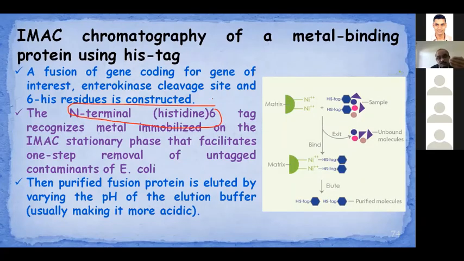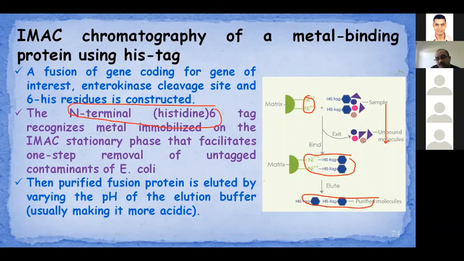Once the protein mixture is separated from the host cell, it is passed through the His-Tag IMAC column. The protein having the His-Tag sequence binds with the nickel, and the unbound proteins are washed away from the column. Then the bound His-Tag proteins are eluted by changing the condition, and the purified protein molecules are recovered.